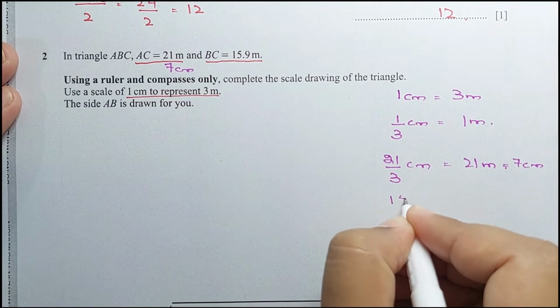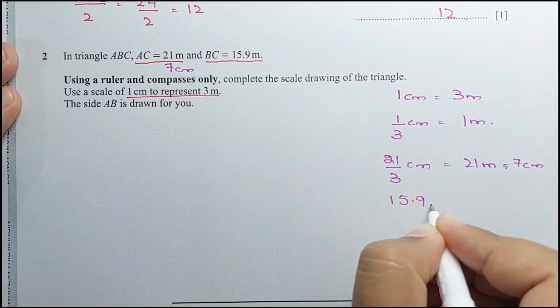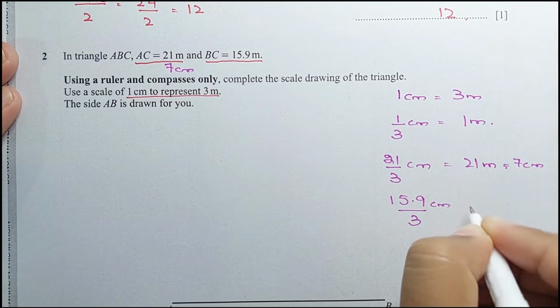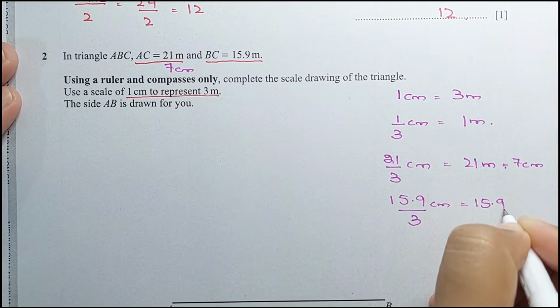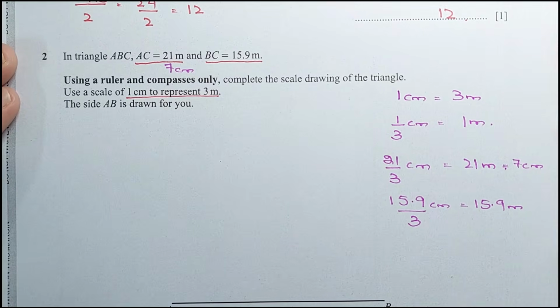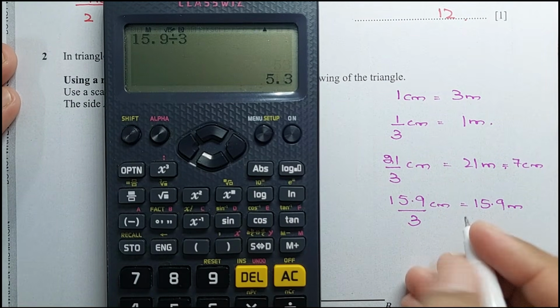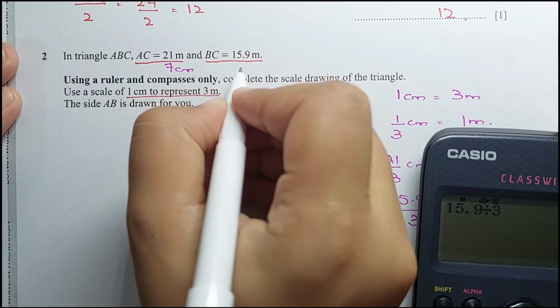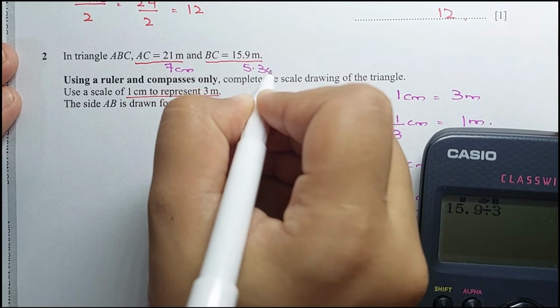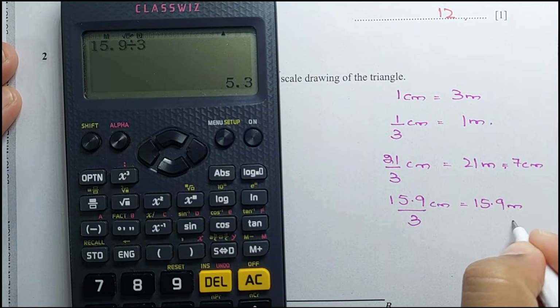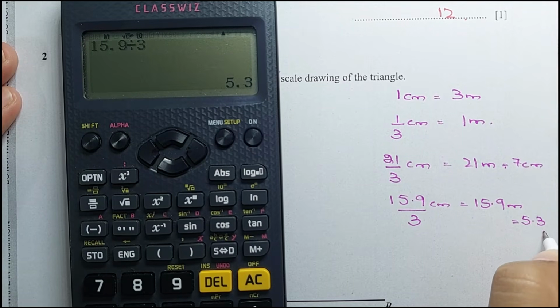And what about 15.9 meters? Divided by 3, 15.9 over 3 is 5.3. This length is 5.3 centimeters.